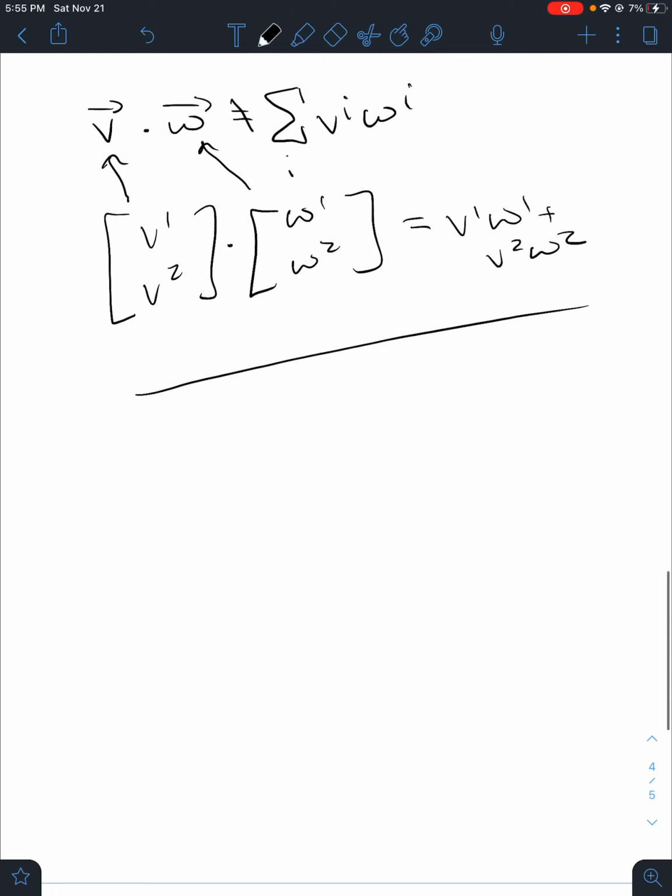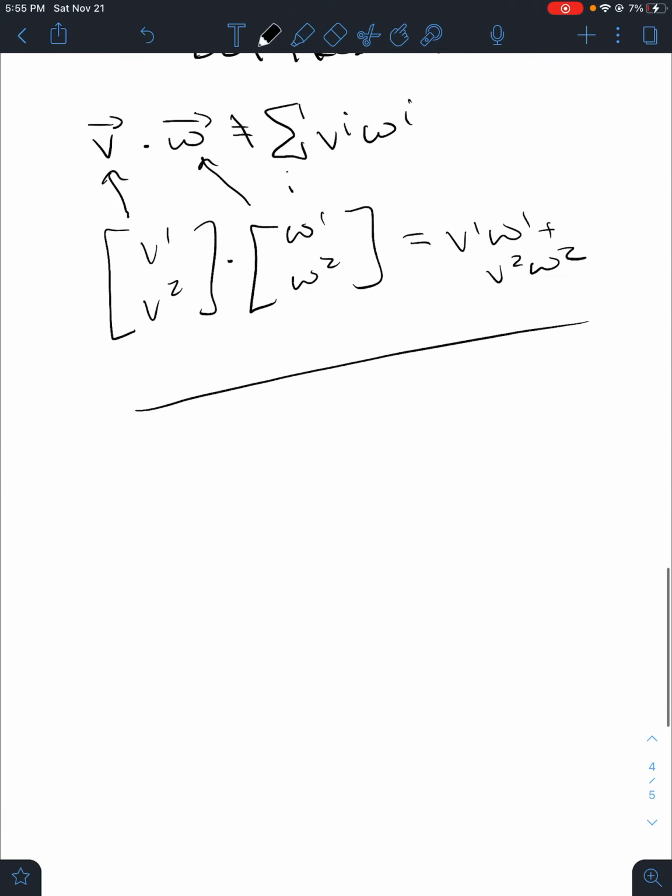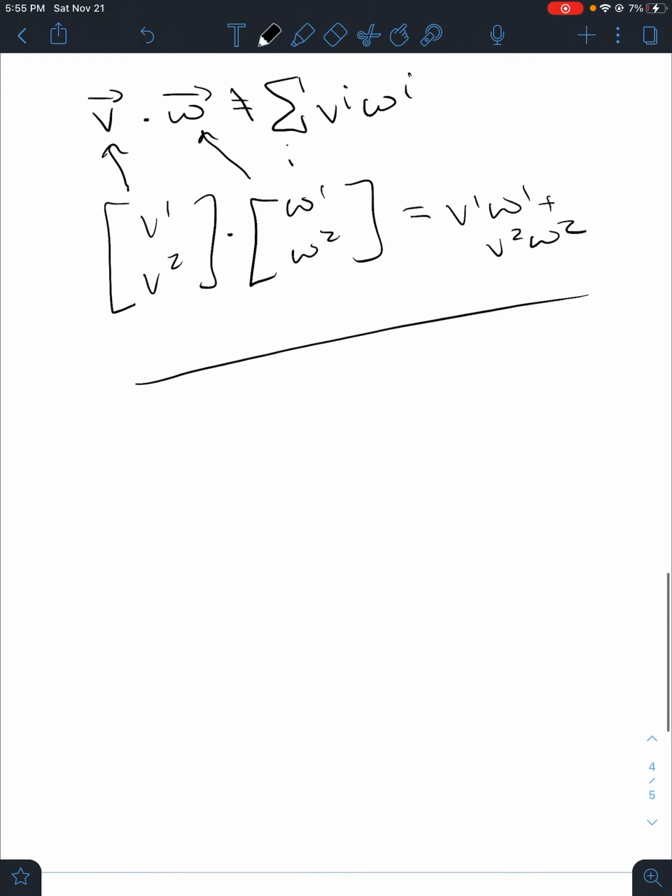It's because vectors aren't just their components. If we are going to write a vector, we have to write it with its basis. So v would be v^i e_i, and w would be w^i e_i.